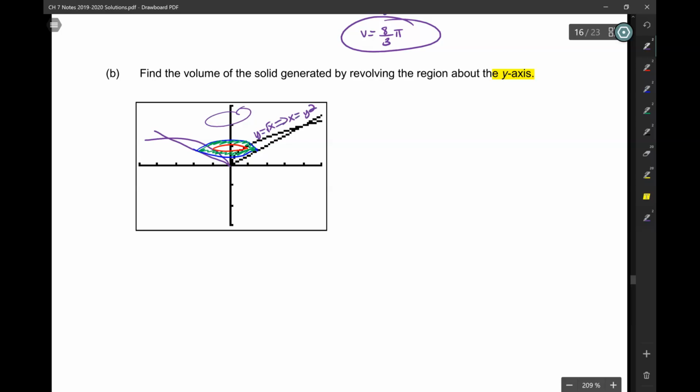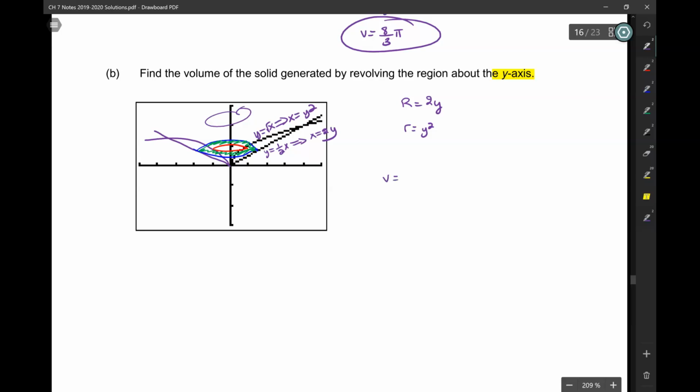And the bottom one, if it was y equals half x, is now x equals 2y. So capital R is now the one farthest from the y-axis, which is 2y. Lowercase r is y squared.